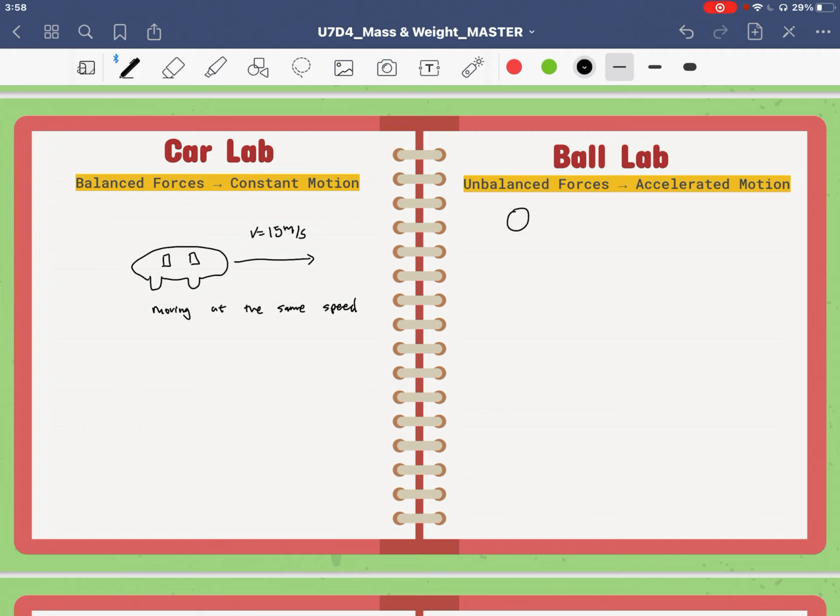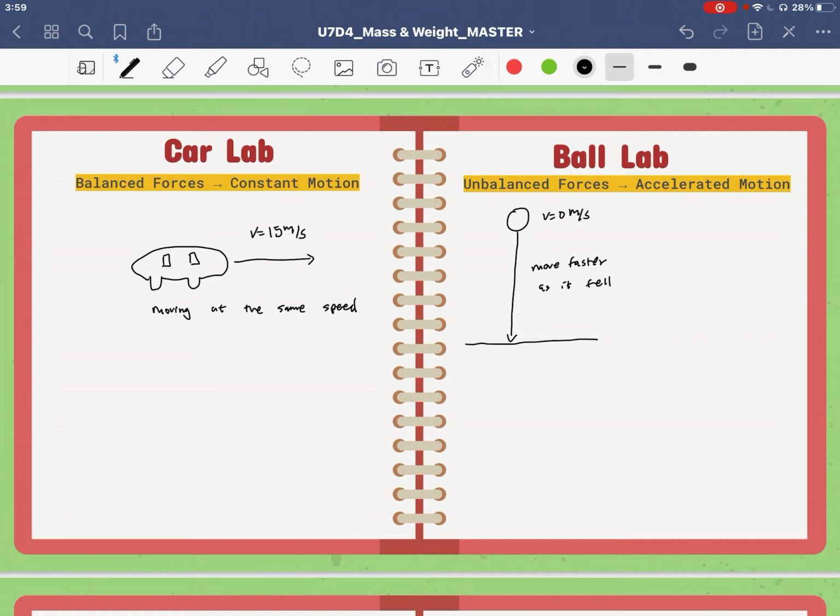What did we see in the ball lab? We saw the ball start at a velocity of 0 and then move faster as it fell. So the velocity just got faster and faster as the ball was falling until it hit the ground.